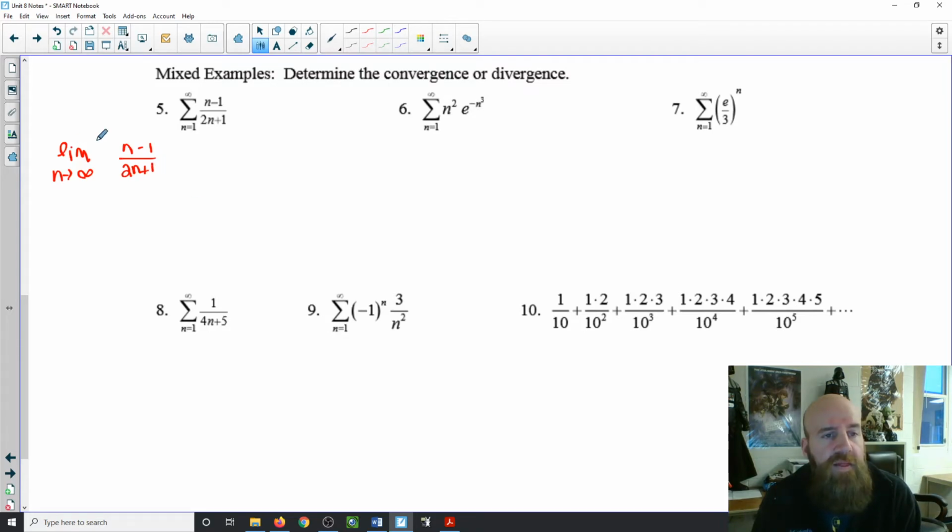If we run the limit, we can do L'Hopital's, or we just see the leading coefficients. This is going to give us 1/2. Remember, with the nth term test, it has to equal 0 for it to possibly converge. If it equals anything else, we know it diverges. So this does not equal 0, so it diverges by the nth term test.